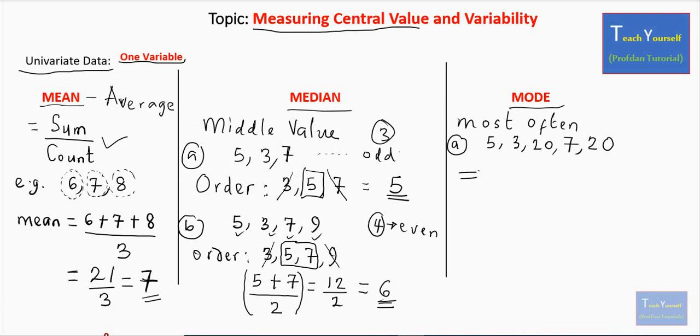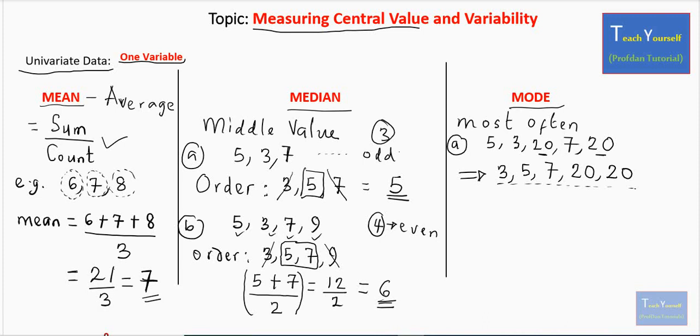It might be quite easy for you if you arrange your data in ascending order first, just like you did for median. If we do that here, we have 3 first, followed by 5. Another student scored 7. We have the first 20 and the second 20. So you've arranged your data values. Next, how do you get the mode?